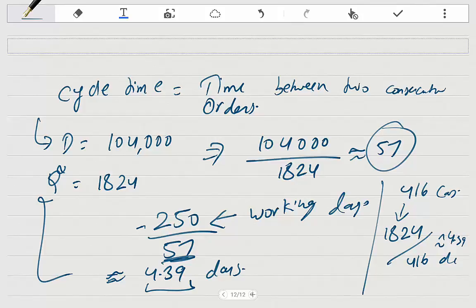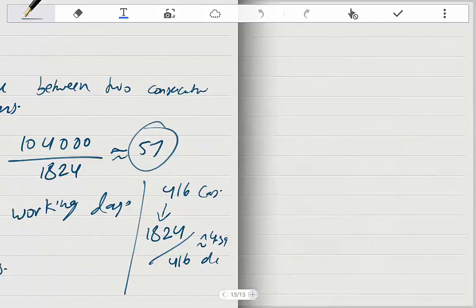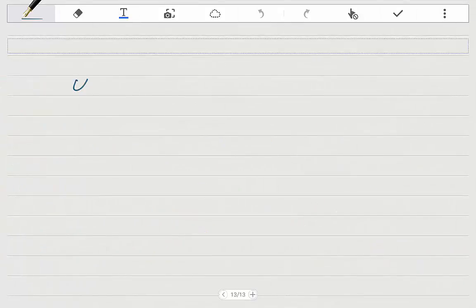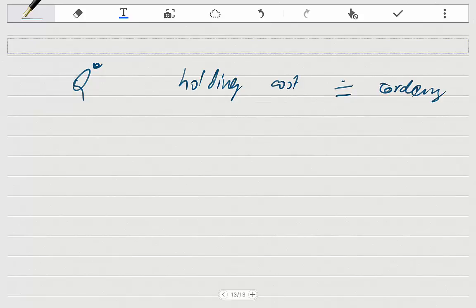To wrap this up, we figured out a formula to decide the optimal order quantity, so that your holding cost is equal to your ordering cost. Then we said, we know the optimal amount you should order every time, but when do we order?